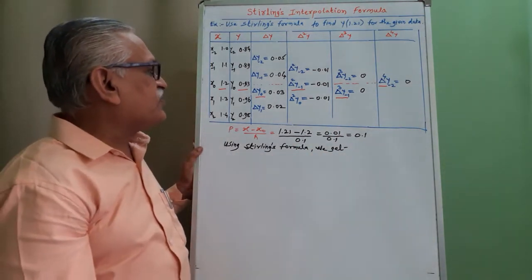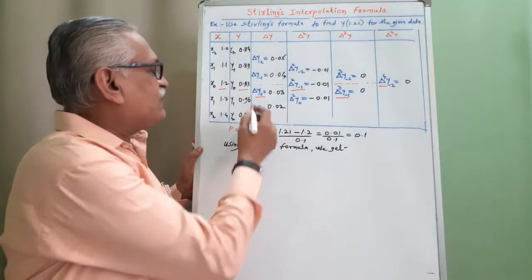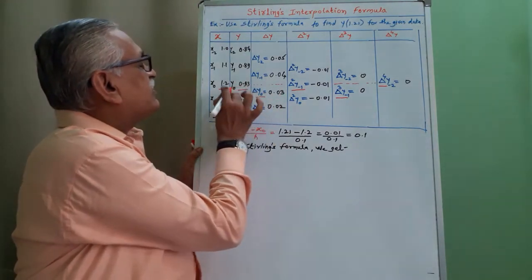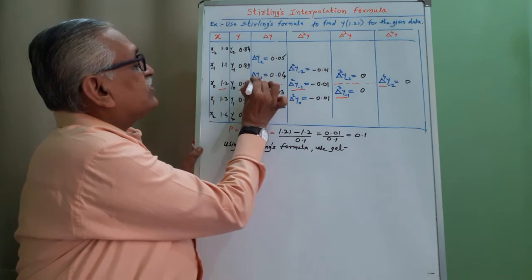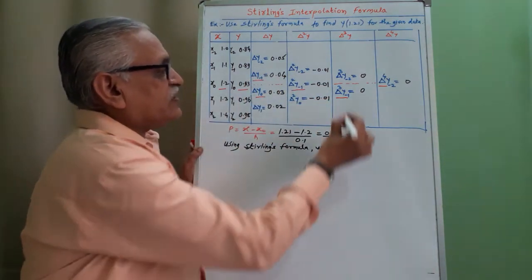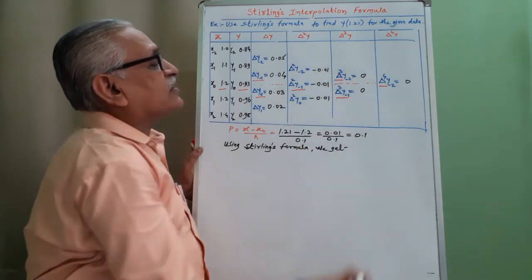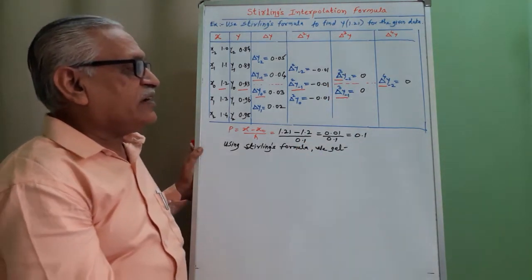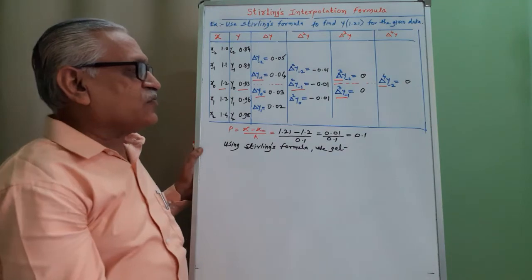For Gauss's forward differences, and for Gauss's backward we require this y0, del y minus 1, then del square y minus 1, del cube y minus 2, and finally del raised to 4 y minus 2.